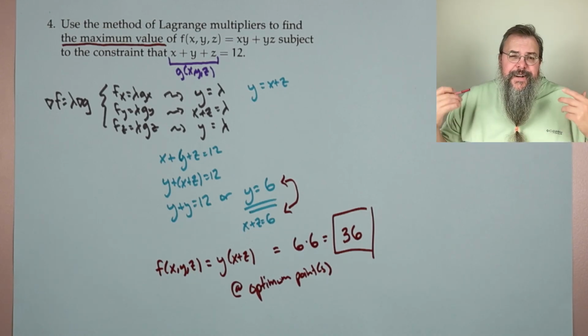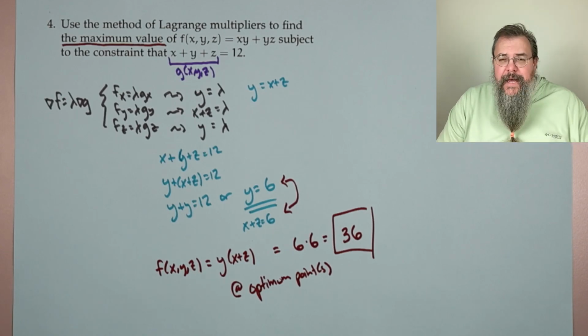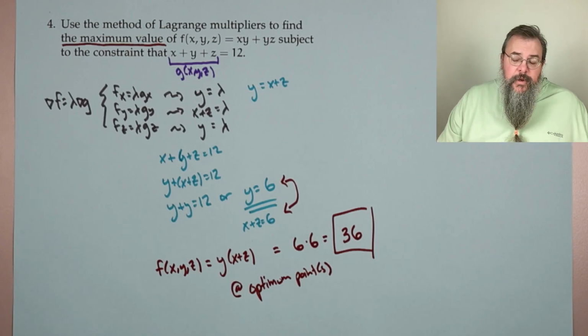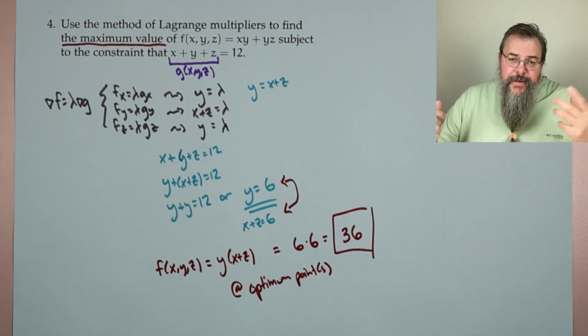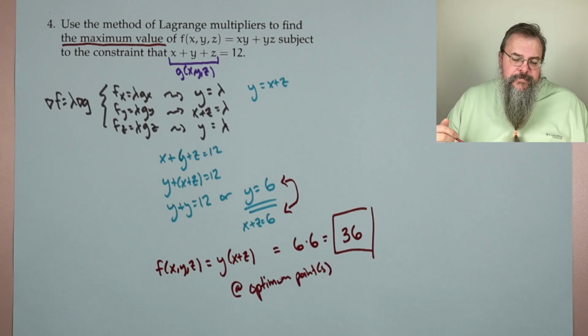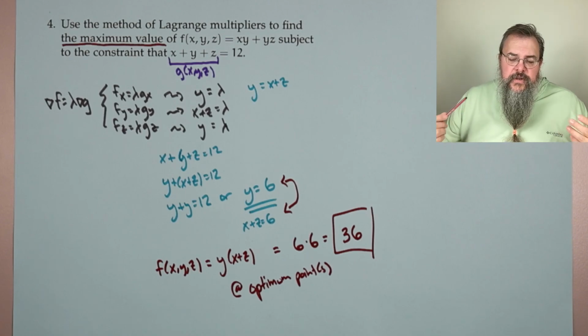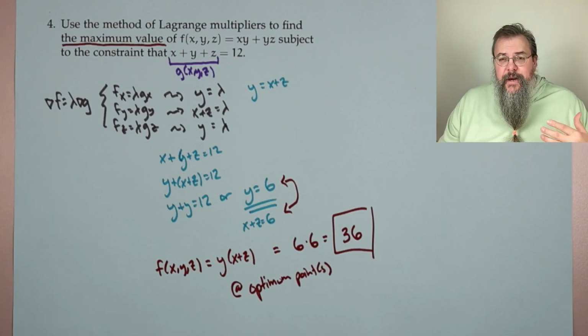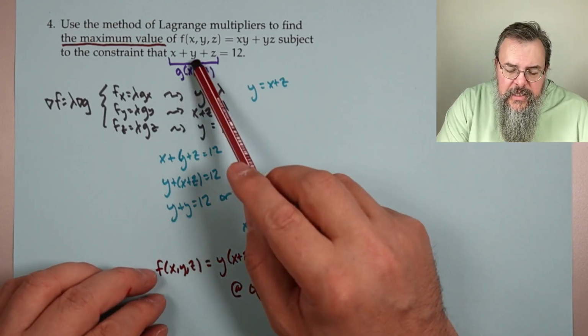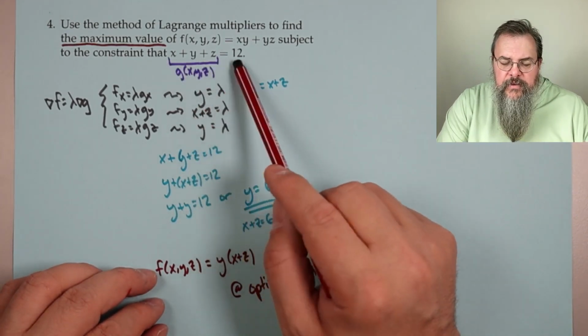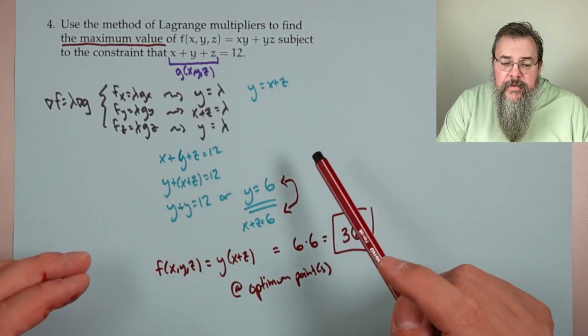Now we might say, well, how do you know it's a maximum, not a minimum? We only found one sort of situation, but did we find a minimum? Well, one thing you can always try is, let's try something else and compare. So is there another easy solution to x plus y plus z equals 12 that we can test?